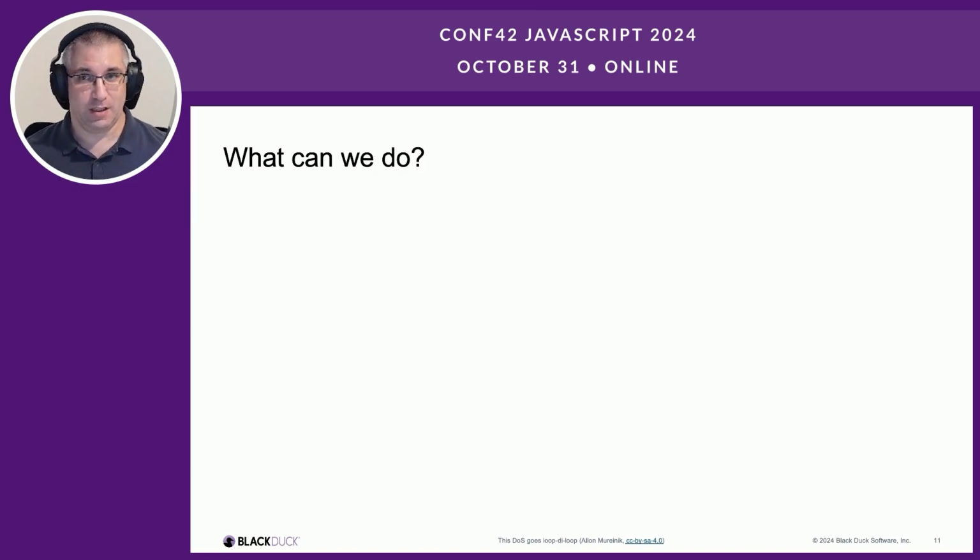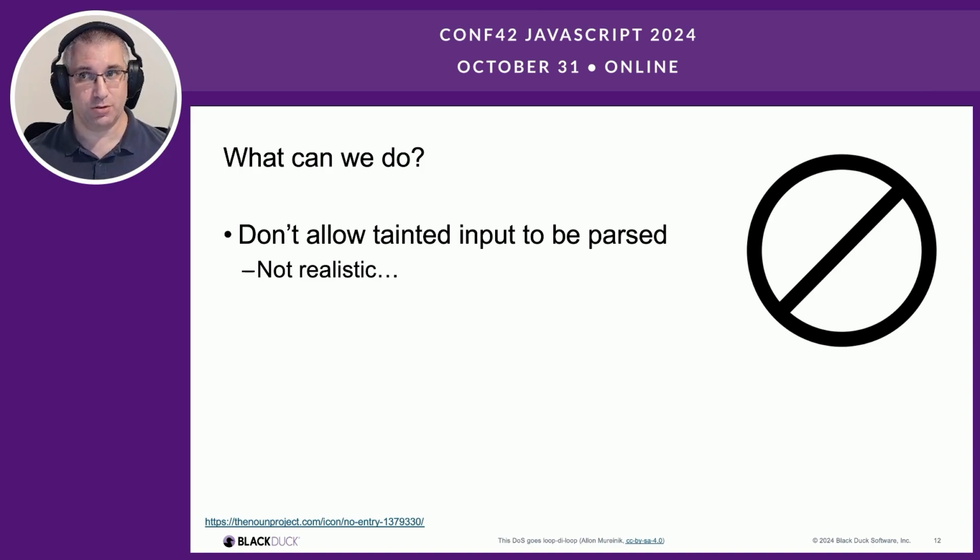As defenders, as application authors, what can we do about this? Quite a bit. First of all, obviously, if we don't allow tainted input or user-controlled input to be passed as JSON, no problem. This is great. It's not really realistic.